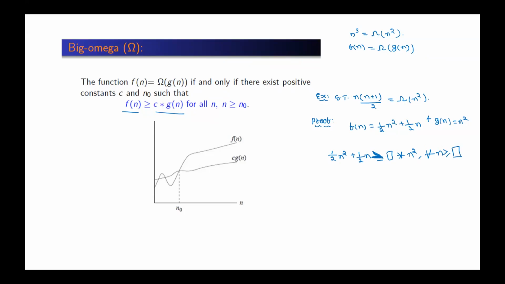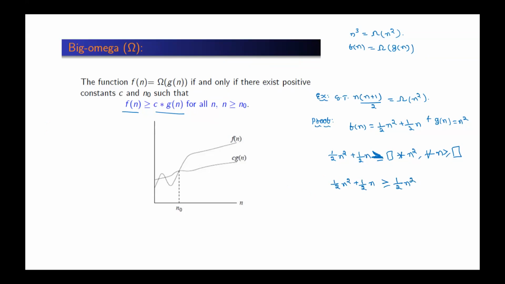Now you tell me what are the constants that we need to take. If all terms are positive, it is easy. Easily we can say that 1 by 2 into n square plus 1 by 2 into n is greater than or equal to simply the first term.